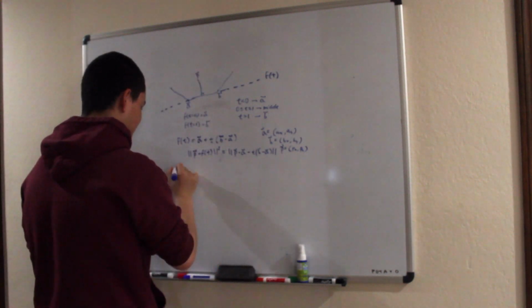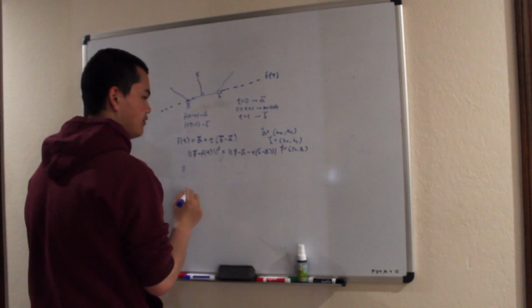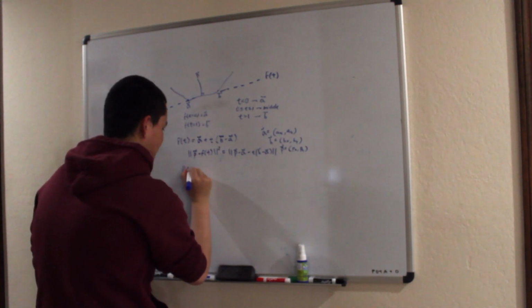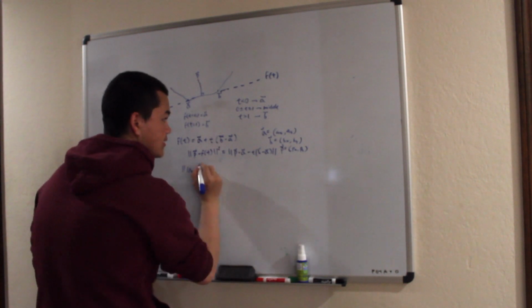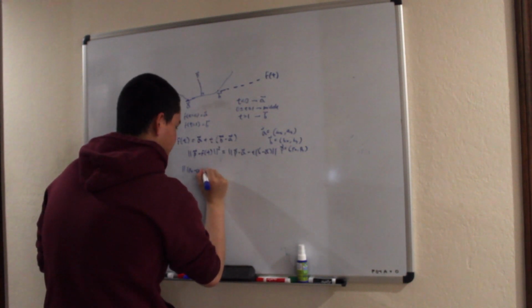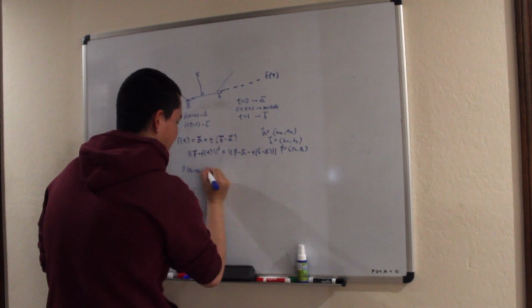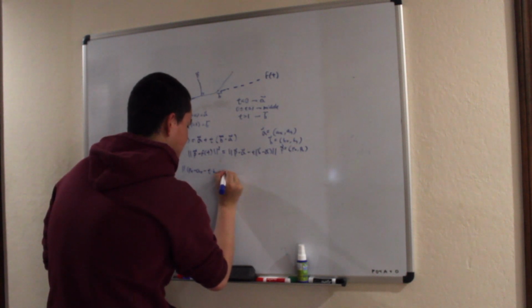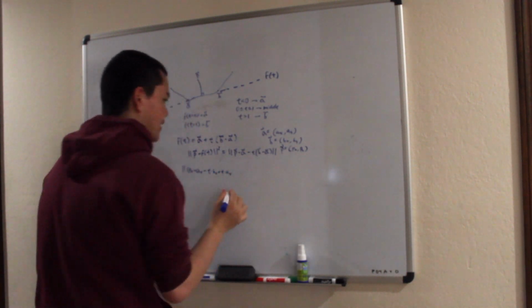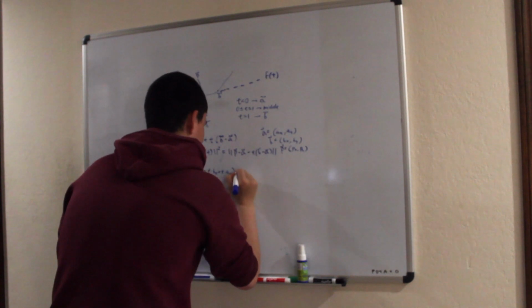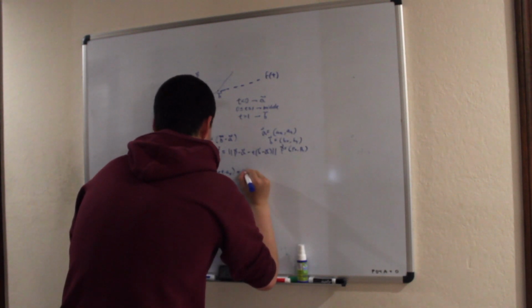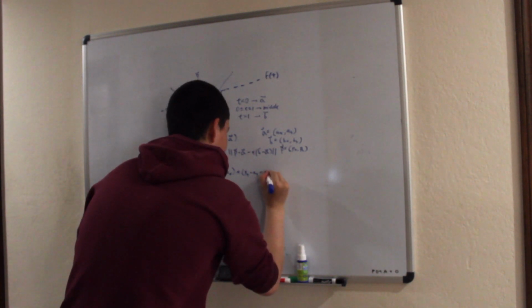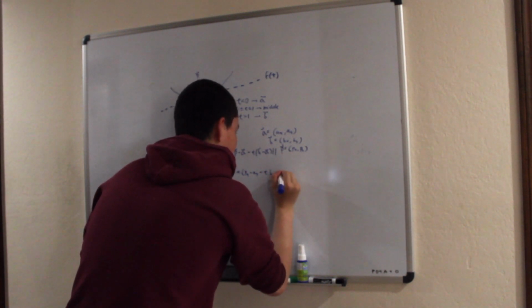Then this in here is going to become the norm of: the x component, which is px minus ax minus t times bx plus t times ax, and the y component is similar, py minus ay minus t times by plus t times ay.